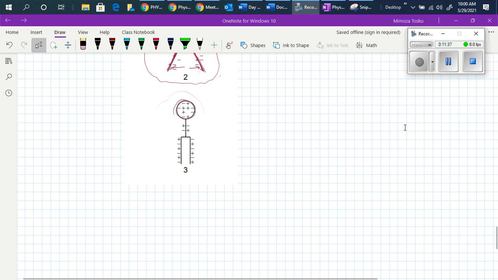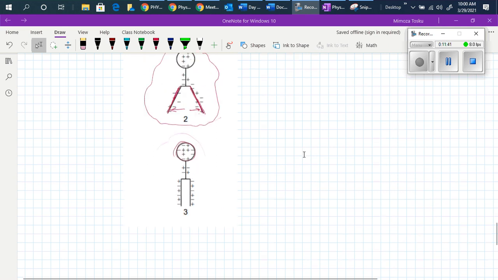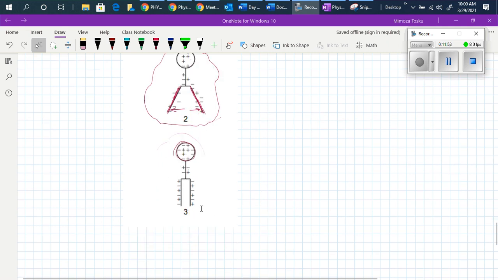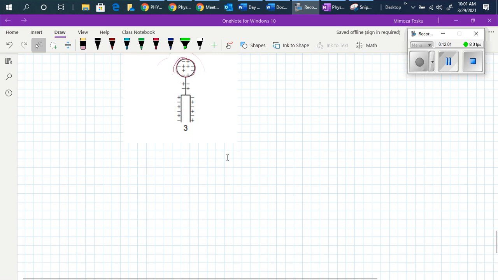Or, exactly saying, the leaves of the electroscope are neutral, because even in the case where the distribution of charges is happening, still the electroscope as a whole was neutral. But now the leaves of the electroscope are neutral. So this brings us into another example.